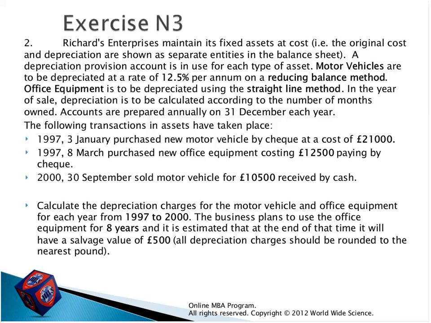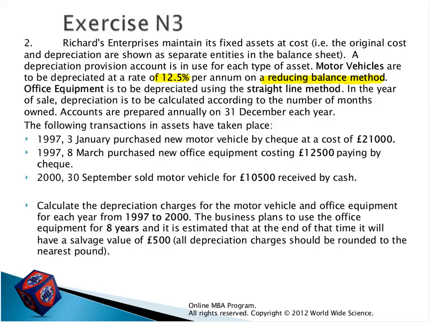The depreciation provision account is in use for each type of asset. You see, the company uses different kinds of depreciation methods for different assets. For example, the motor vehicles are to be depreciated at the rate of 12.5% per annum on a reducing balance method.